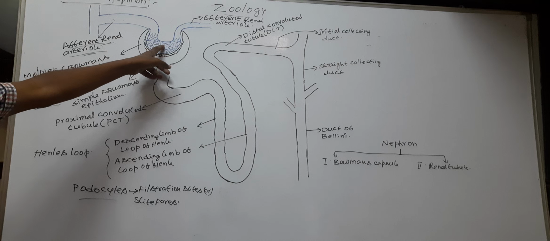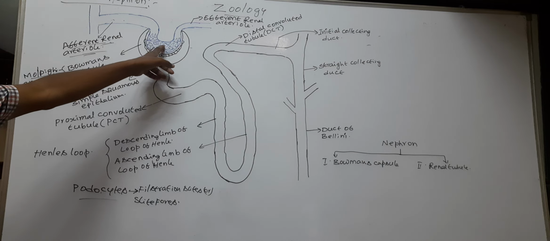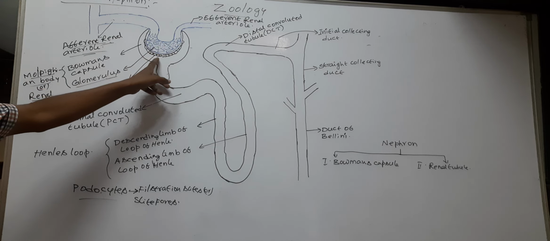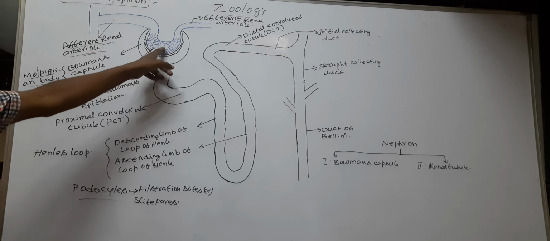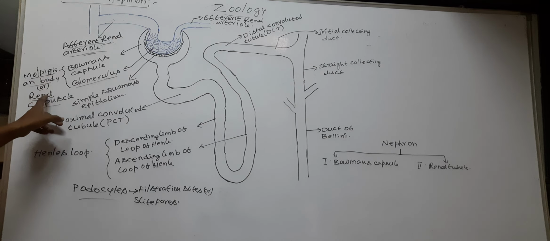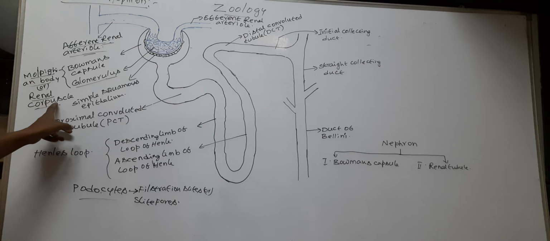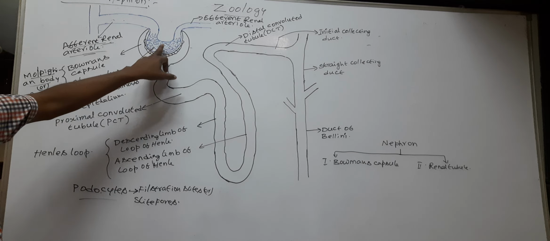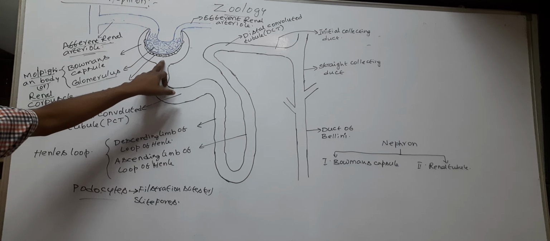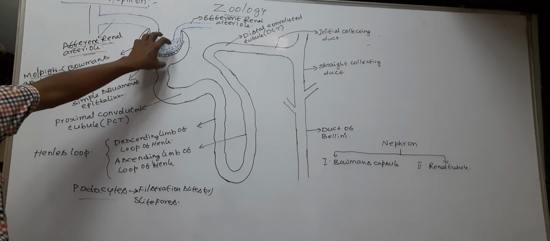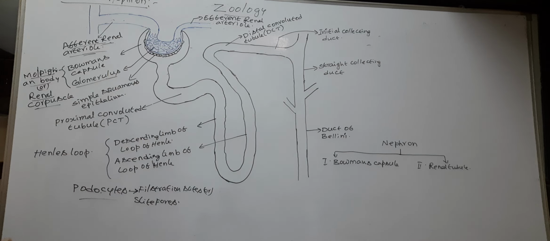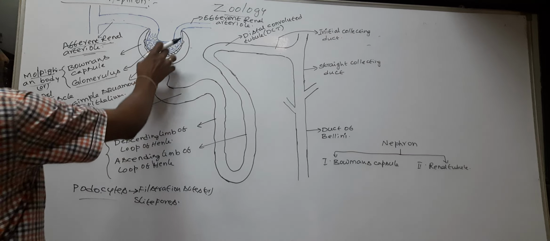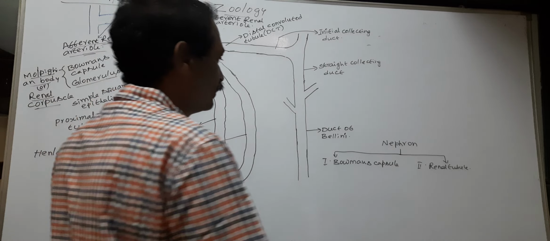So the Malpighian body or renal corpuscle has glomerulus and Bowman's capsule. The Malpighian body is situated in the cortex of the kidney. So this is Bowman's capsule.